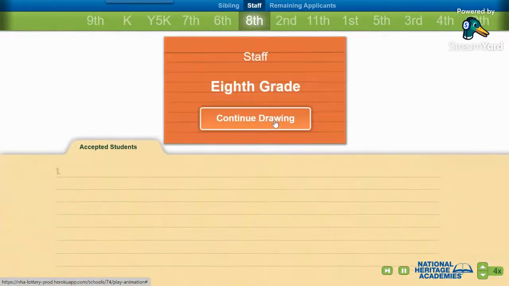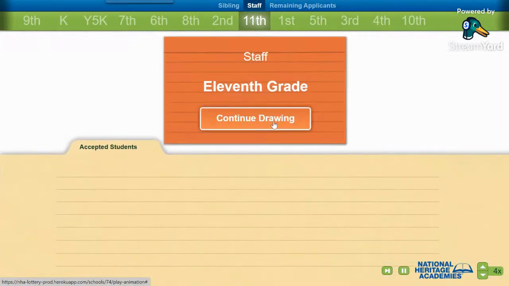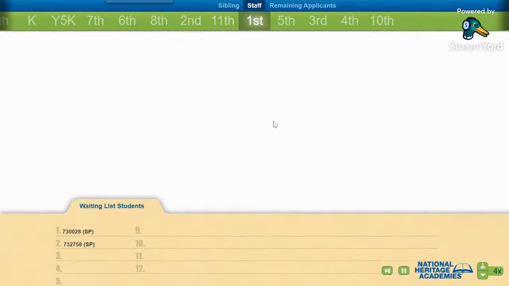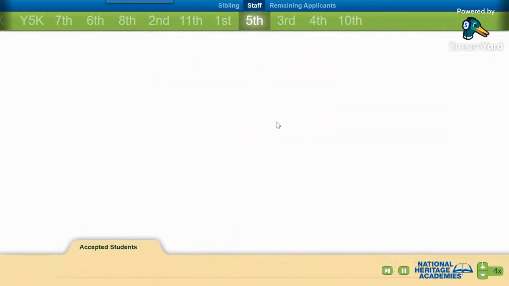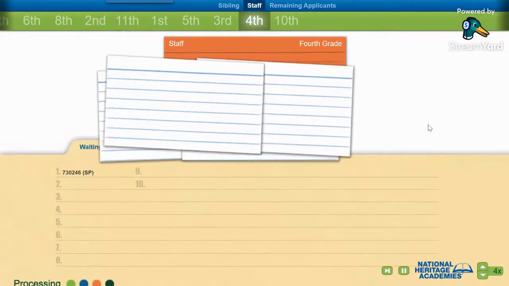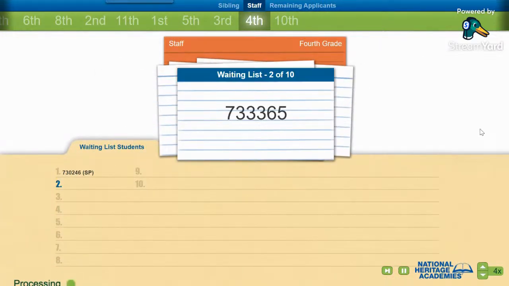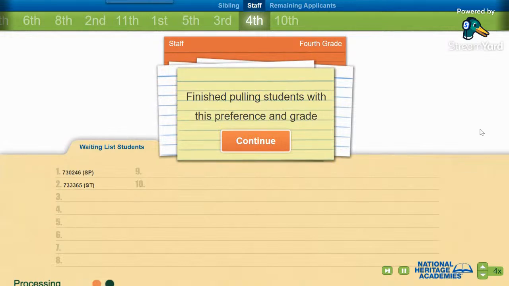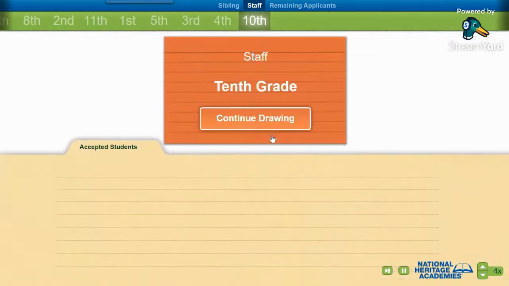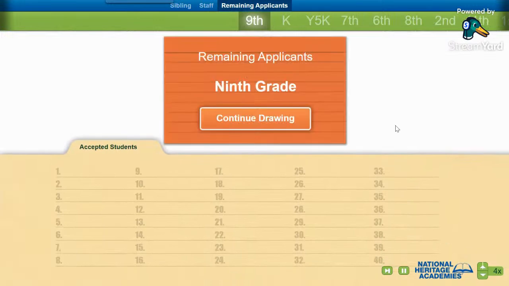None in 6th. None in 8th. None in 2nd. None in 11th. None in 1st. None in 5th. None in 3rd. In 4th, we have number 2 on the waiting list with staff member preference. And then in 10th grade, none there.